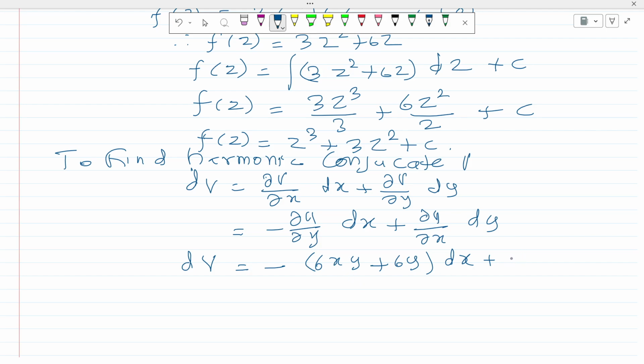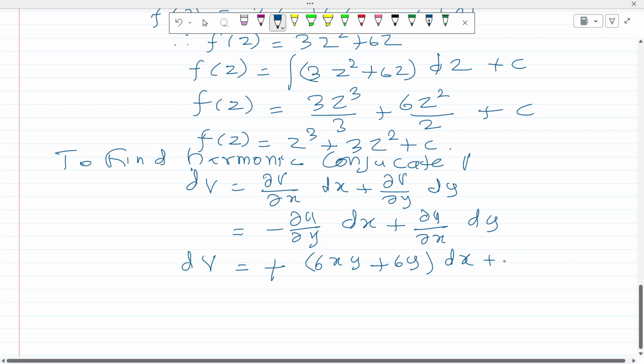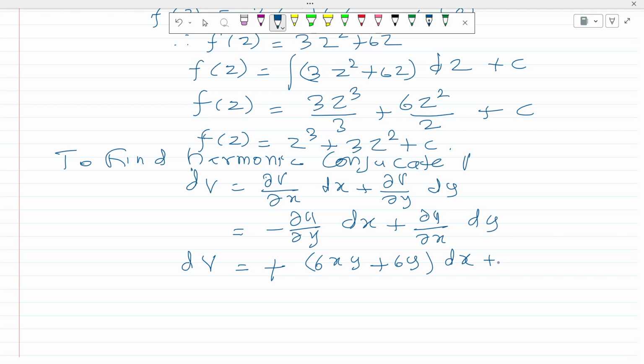Then plus ∂u/∂x, and ∂u/∂x is 3x square minus 3y square plus 6x, then dy here.